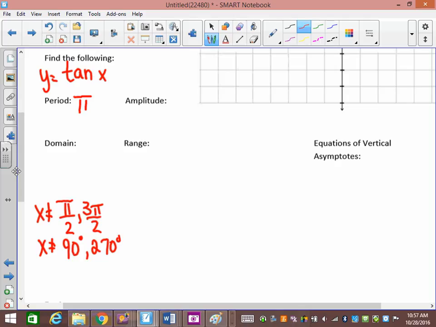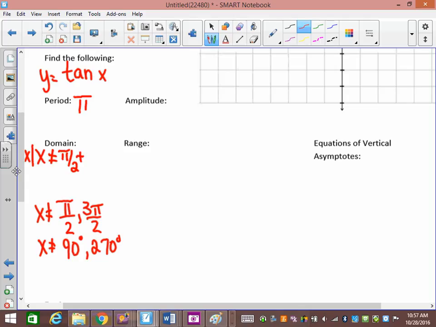So the domain, you always state, you guys, as a general solution. General solutions where you go like the plus whatever and n ∈ I, right? Remember how we've done general solutions in the past? That's what you're going to do here. So we're going to take our smallest positive, which is pi over 2 or 90. It doesn't matter. It depends on what domain they're asking for. So you're going to say x such that x can't equal pi over 2 plus, what's the next one happening?